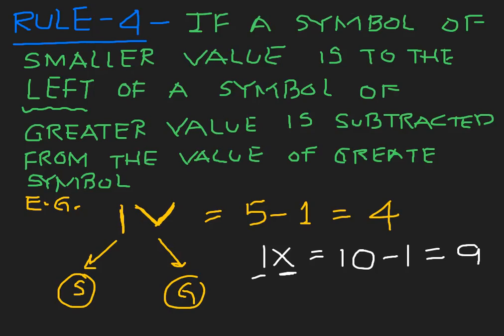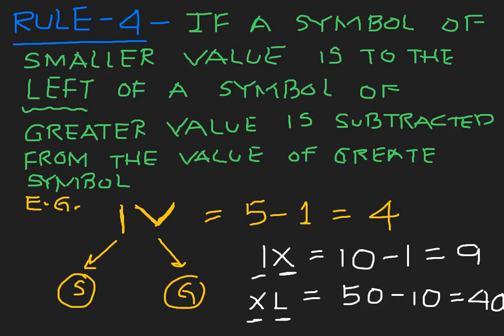One more example, if I write X and L. Here L is greater, 50, and X is 10. X is smaller, L is bigger, so I have to subtract it. L is 50 and X is 10, and the answer is 40. So this is how we do it in rule number 4.